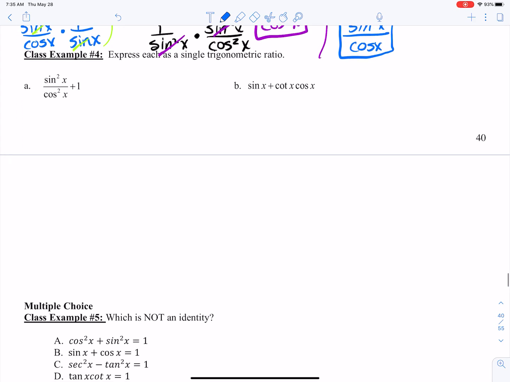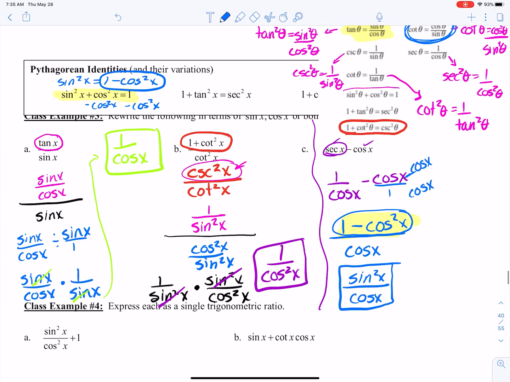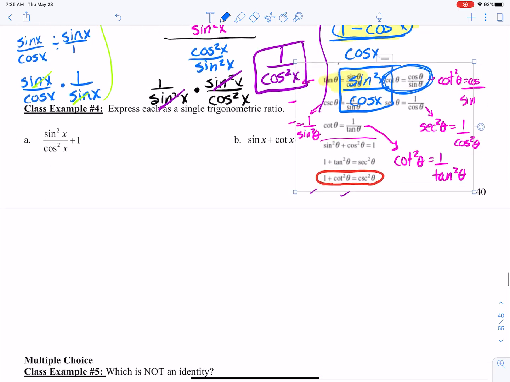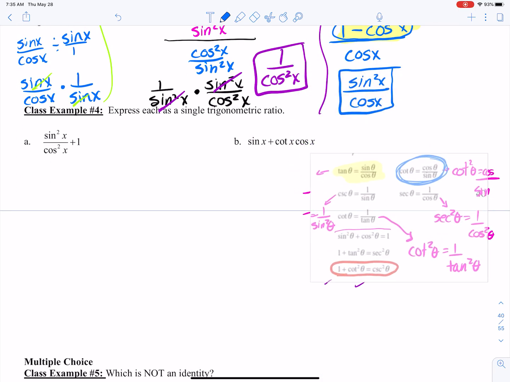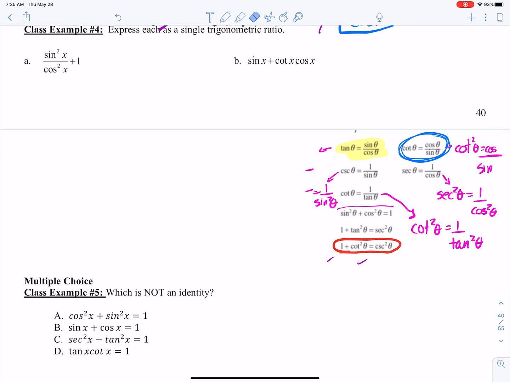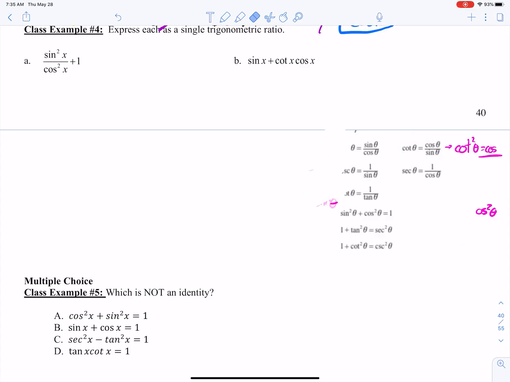All right. I'm going to go through class example number 4. I have sine squared x over cos squared x. And the question is asking me to express each as a single trigonometric ratio. Let's see if I can bring this down here. There we go. Just handier to refer to it on the side. All right.